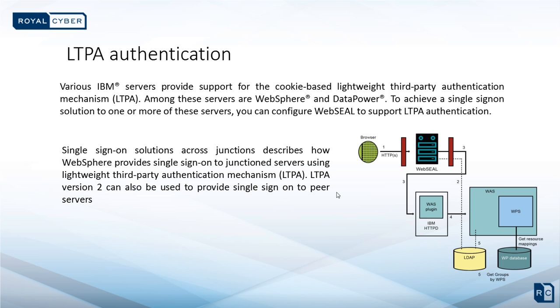If an LTPA cookie is available, it will validate the contents of the cookie, and if successful, create a new session based on the username and expiry time contained within the cookie. If no LTPA, lightweight third-party authentication, cookie is available, WebSeal will continue to authenticate the user using the other configured authentication mechanisms. So that's how it works.